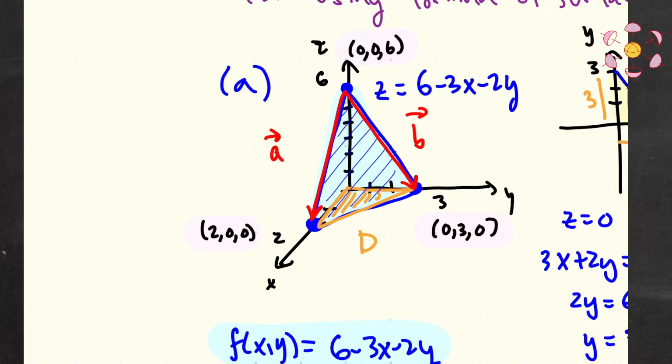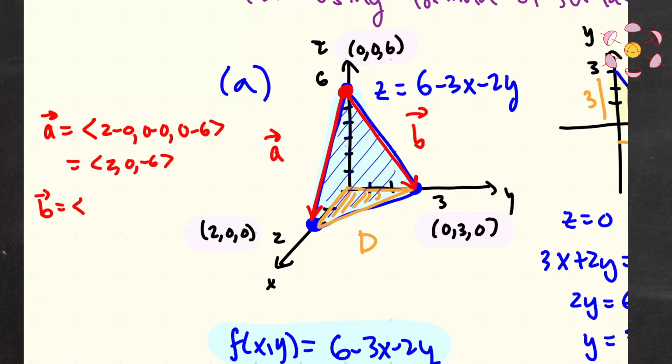And when we do the vectors A, we've got to do them in the right order. Again, I'm basically taking this top point here as my anchor. So I'm going to do 2, 0, 0 minus 0, 0, 6. That gives me the vector 2 minus 0, 0 minus 0, and then 0 minus 6, which simplifies to 2, 0, negative 6.